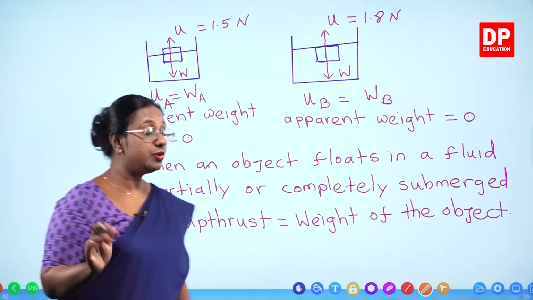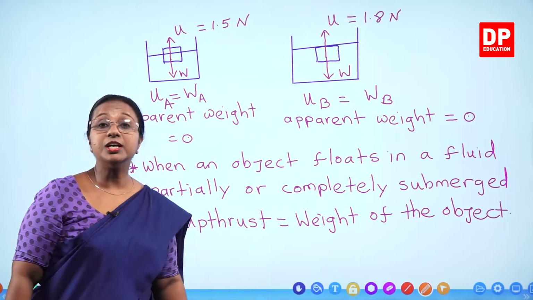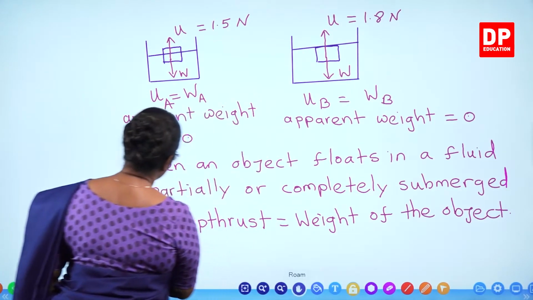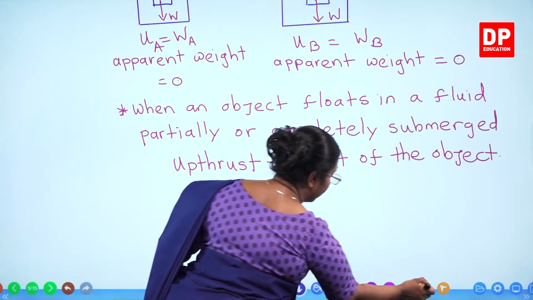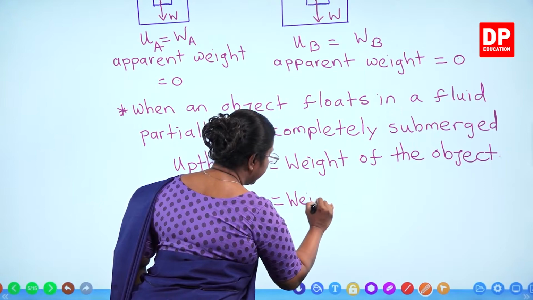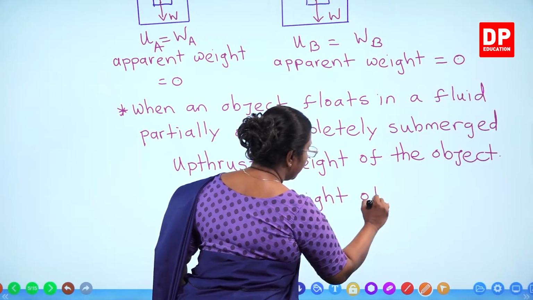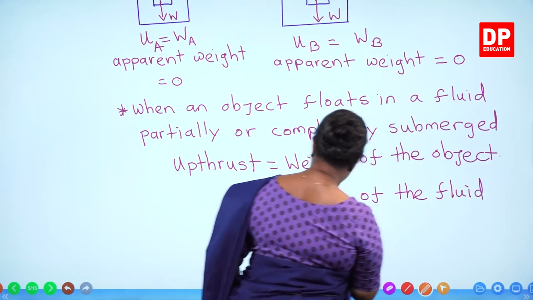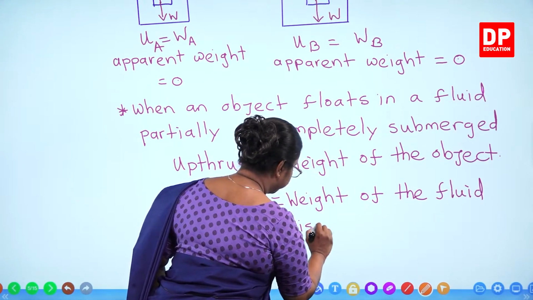And already you all know upthrust is equal to the weight of the fluid that was displaced. So that is all what you need to remember. That is also equal to weight of the fluid displaced.